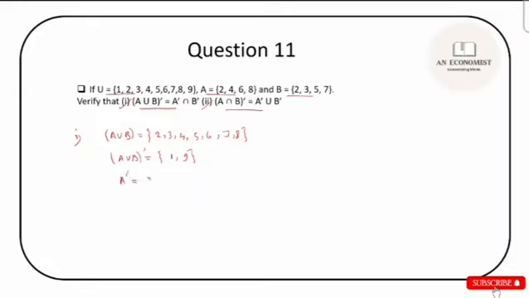That will be 1, 3, 5, 7, 9. Find out B complement. That will be 1, 4, 6, 8, 9. And then take the intersection of these two. That will be what? That will be 1 and 9. 1 and 9, right?